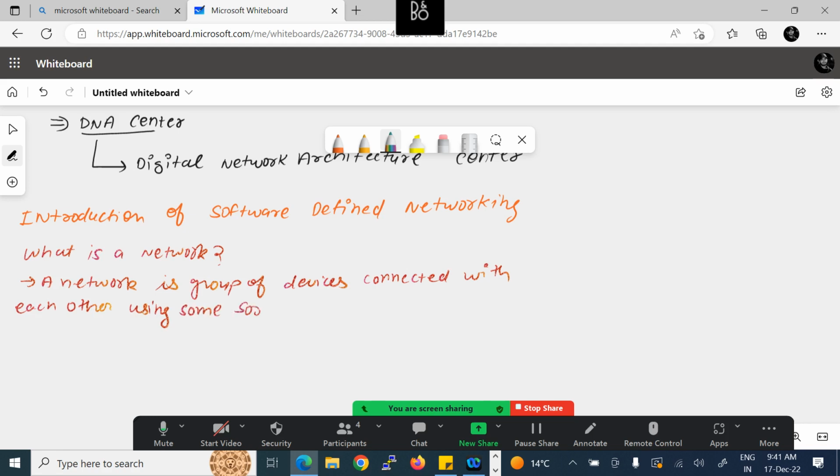All right. That medium can be wired or wireless. This is the basic definition of a network which we learn in CCNA.